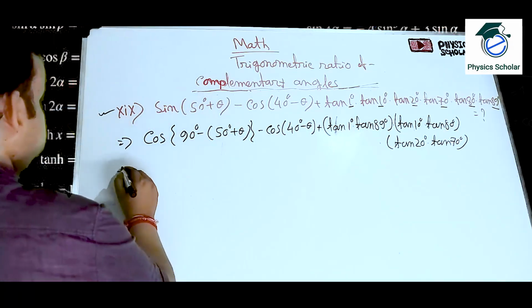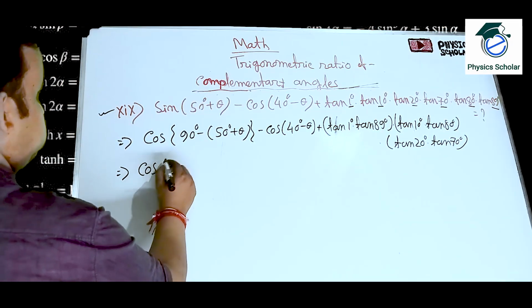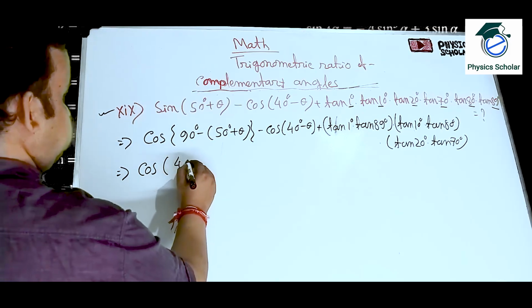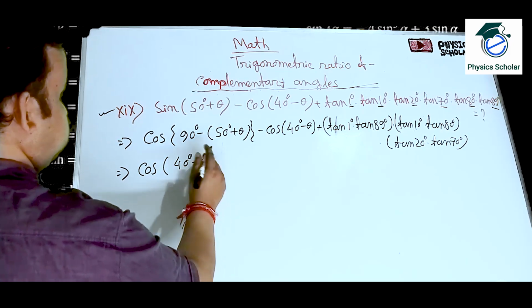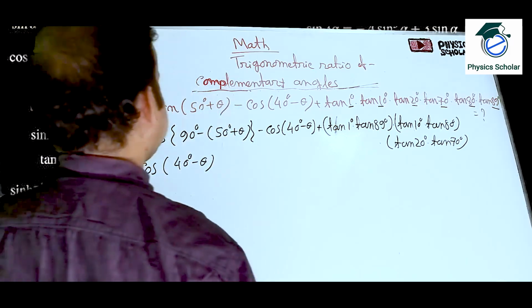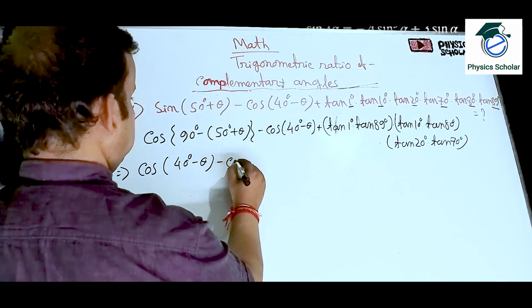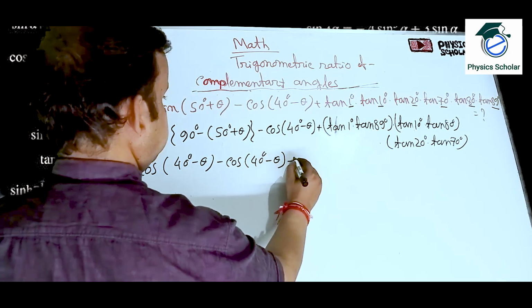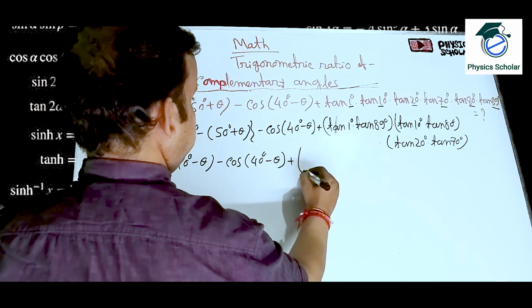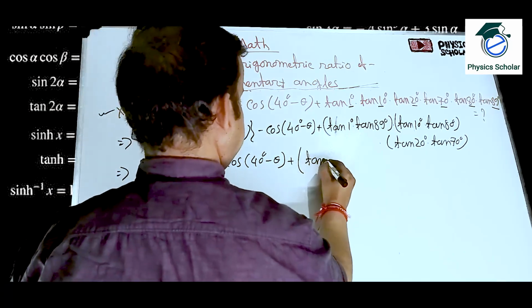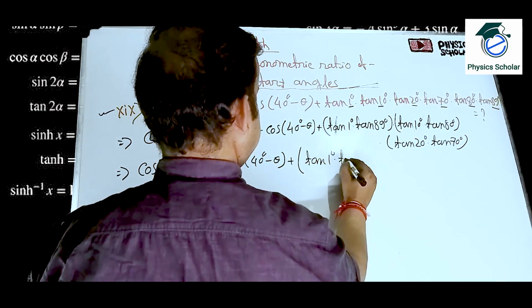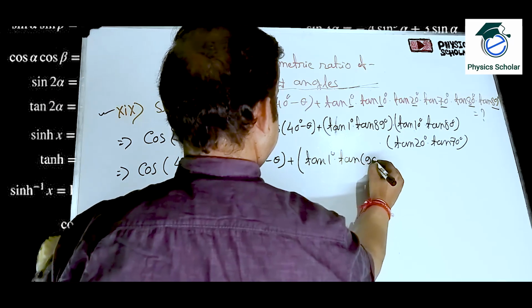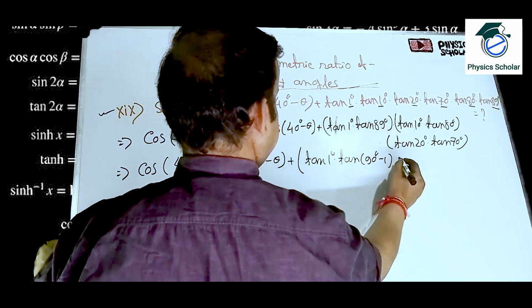Okay. So it is what? Cos of 40 degree minus theta. Okay. We are changing the sign. Minus cos of 40 degree minus theta plus, now what can we write? Tan 1 degree into tan 90 degree minus 1, that means tan 89.